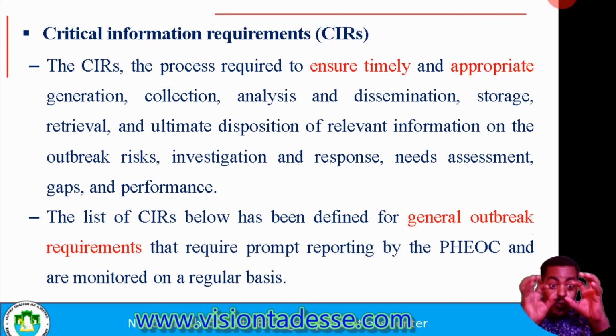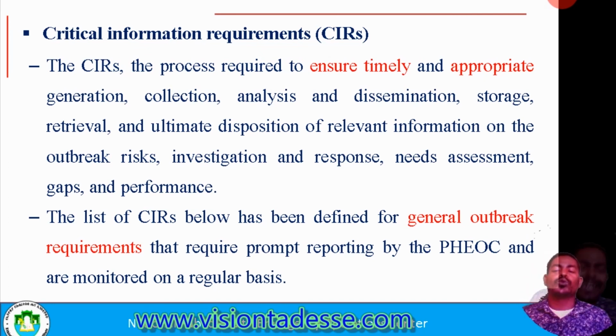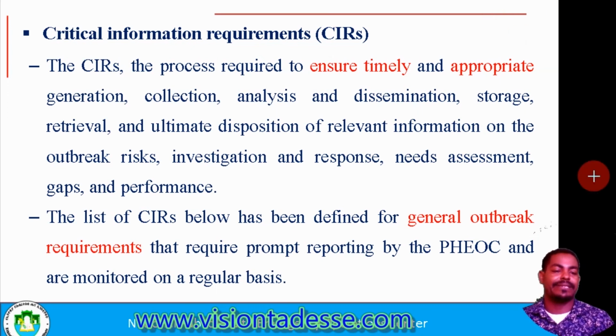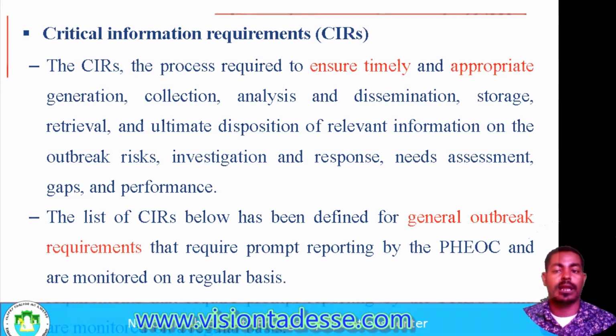Since these cover a lot, the list of CIR below has been defined for general outbreak requirements that require prompt reporting by PHOCs and are monitored on a regular basis.